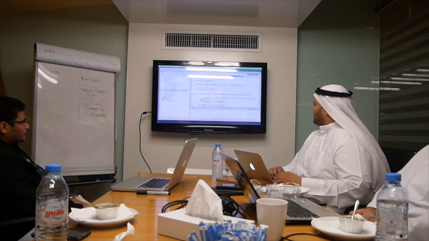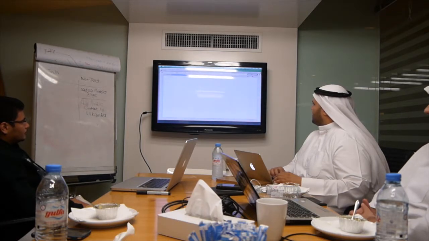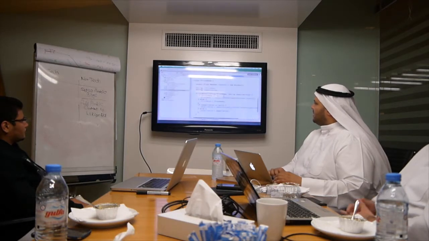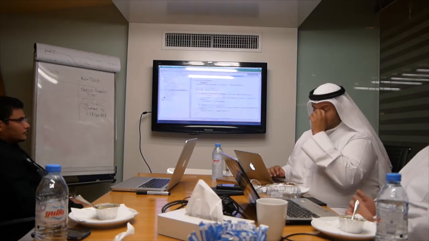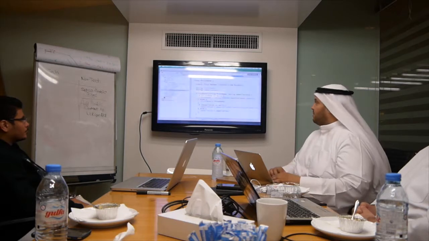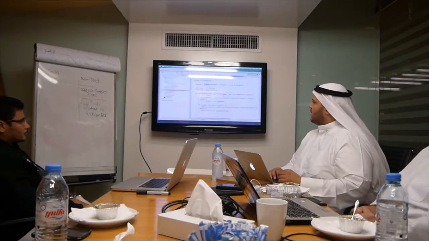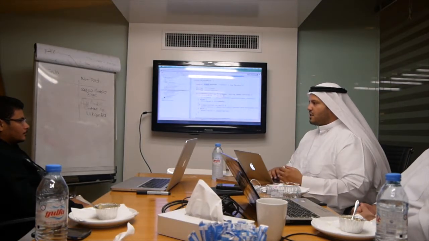Close that. Double click on... So this is the Dart way of declaring a class. It's simply you say class and then you type the name of your class. Here, final means it's declared once.